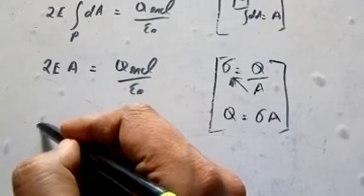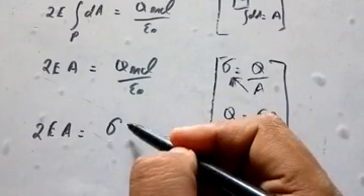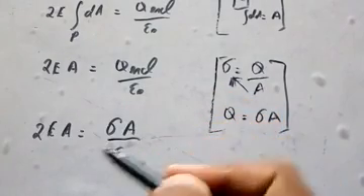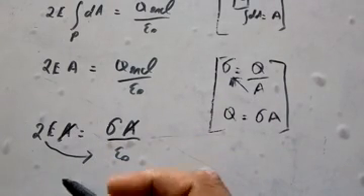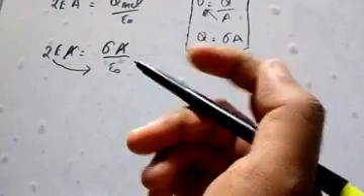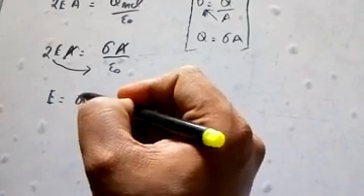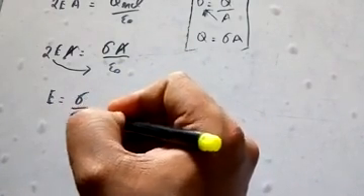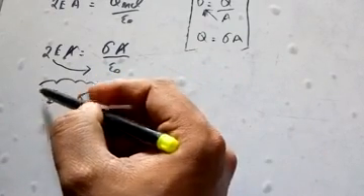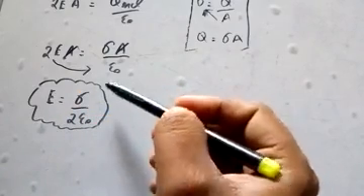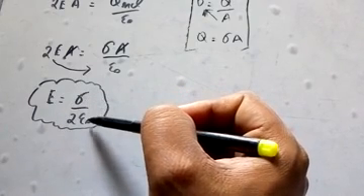So we have 2EA is equal to sigma A by epsilon naught, instead of Q enclosed. Now A and A will cancel and 2 comes down. So we have E is equal to sigma by 2 epsilon naught. This is the formula that we need for the electric field. Here E means electric field, sigma is the surface charge density, and epsilon naught is the permittivity of free space.